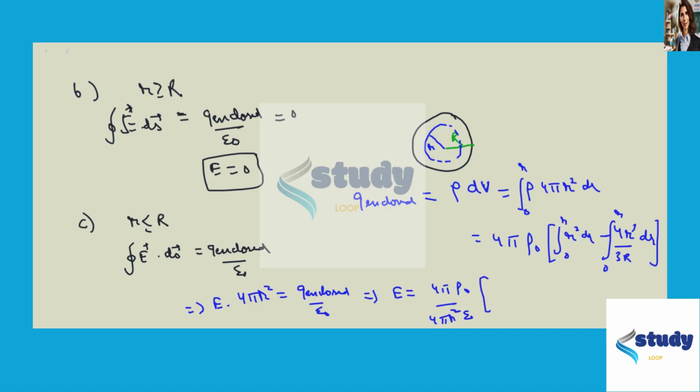So we have this integration now, over r square. Let's integrate it. This integration will give us r cube over 3, and this integration will give us r to the fourth over 3R.